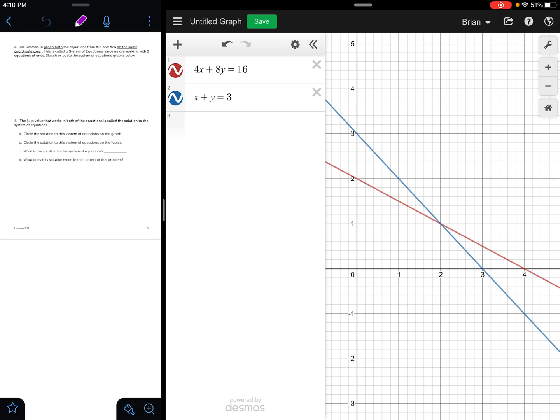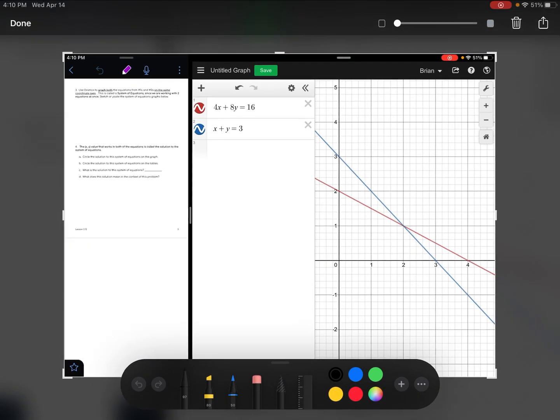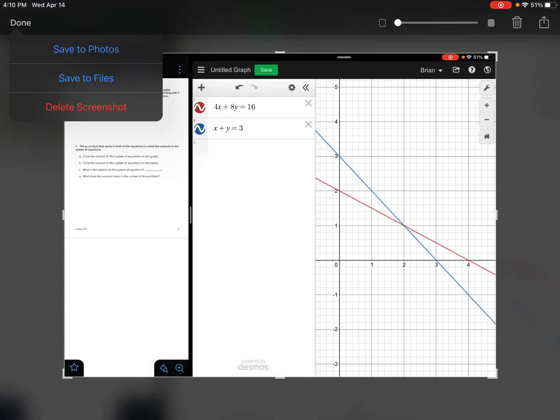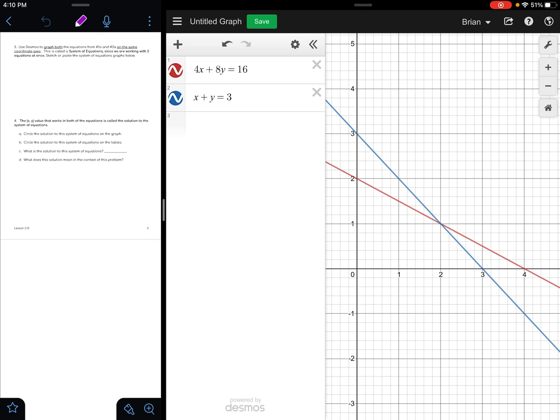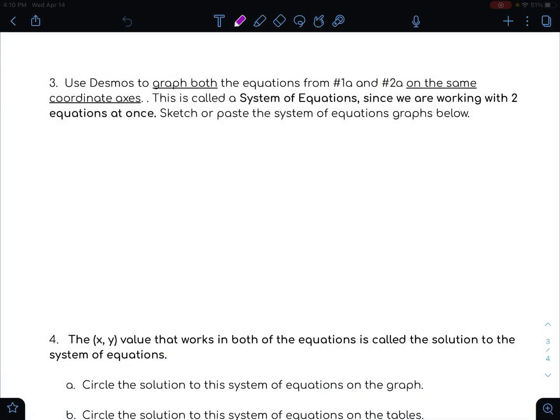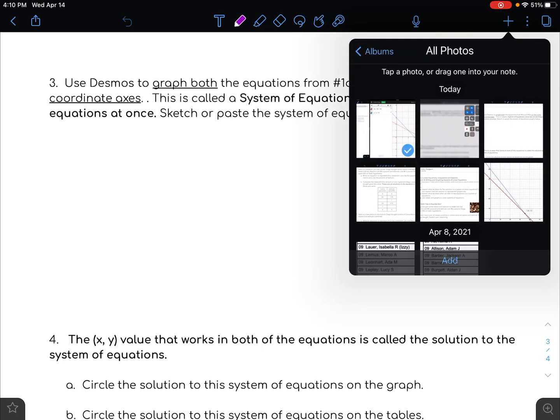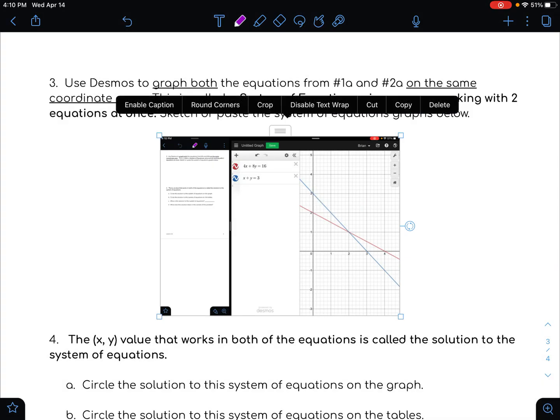We're going to then take a screenshot of it and bring that in. It kind of depends on how you like to do this. I guess I'll save this to photos. And come back over, and we're going to drop that back in. I saved it to my photo library, so we're going to add that back in here.